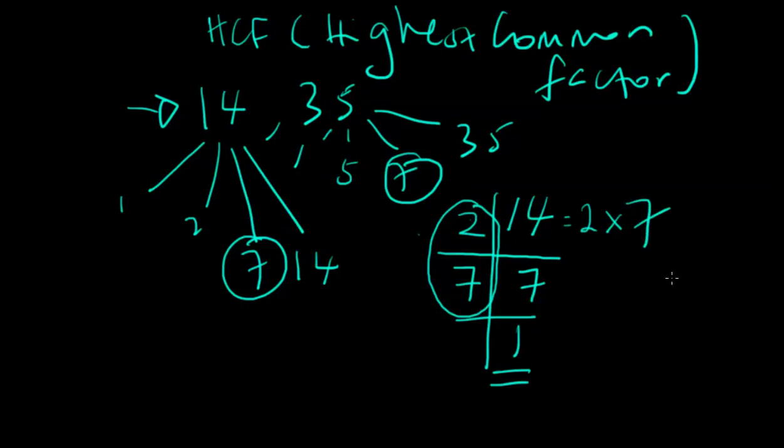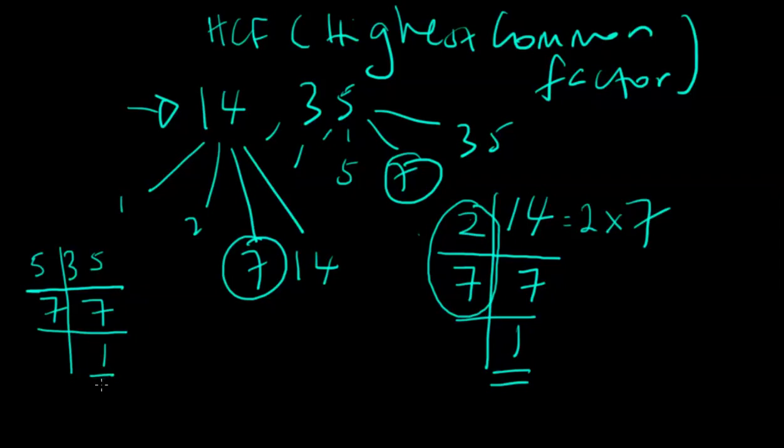So you do the same for 35. Let's draw the same table for 35. Okay, express this in prime factors form. So first divide 35 by the smallest prime factor. So 35 can be divided by 5 first to give you an answer of 7. 7 can be divided by 7 to give you an answer of 1.